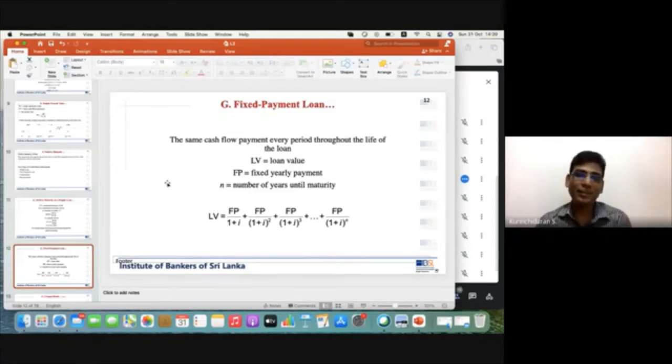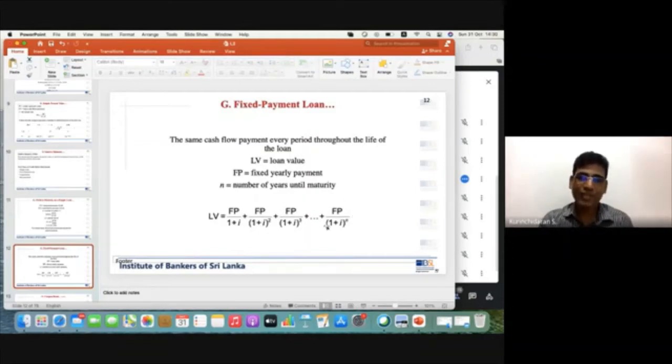Now, when you calculate this loan value from future payments, every year we are discounting. Let's assume the interest rate is 10%, and you make an annual payment of 1,100 or something like that.